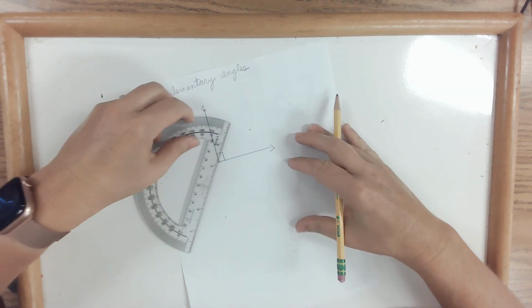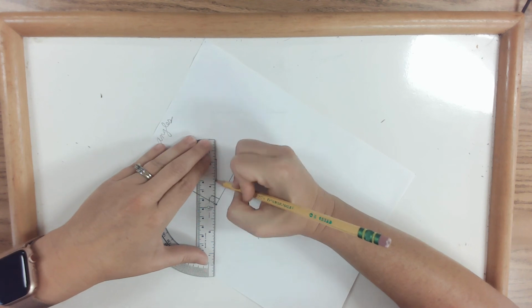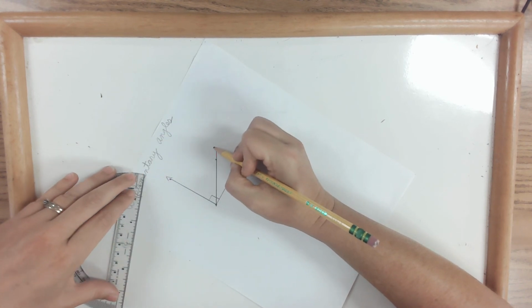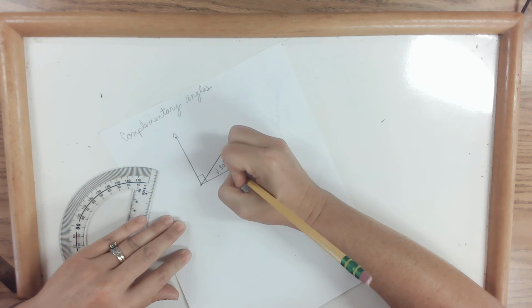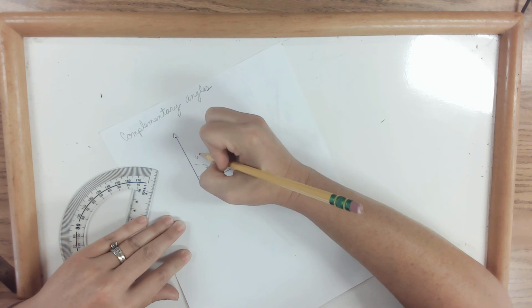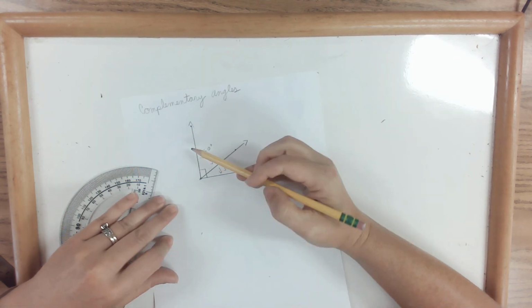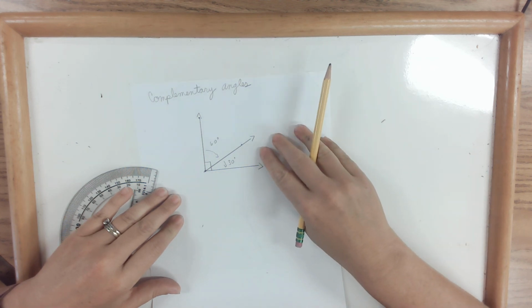So now I know that this is divided, that this one is 30 degrees and this one here is 60 degrees. And I know that they add up to be a right angle. That's how you draw complementary angles.